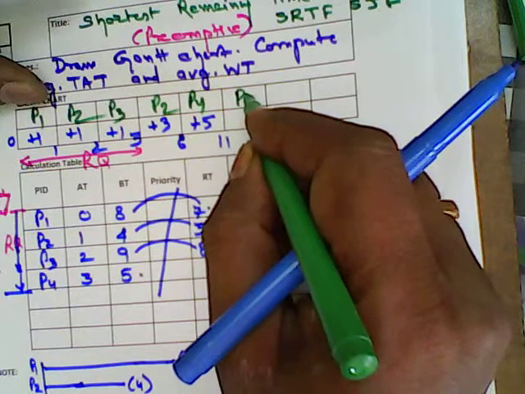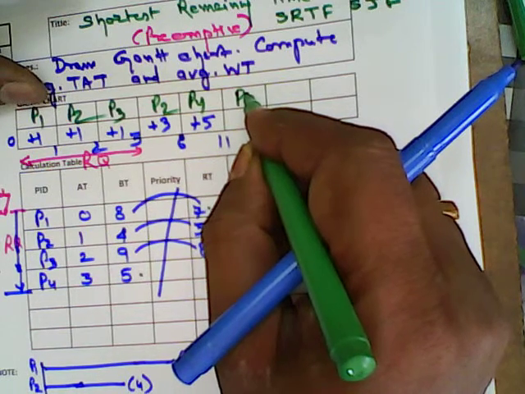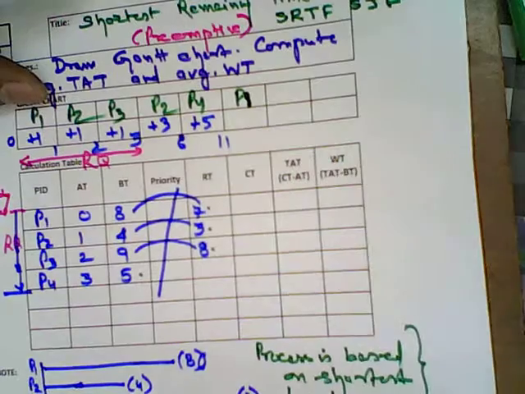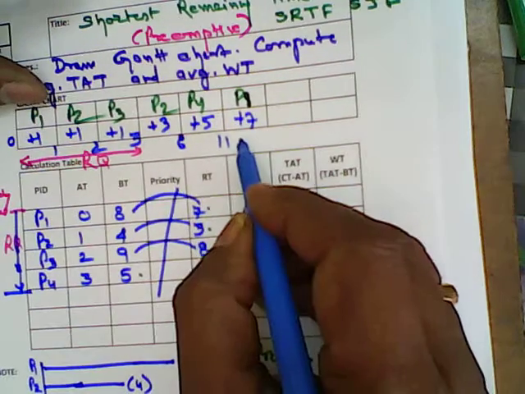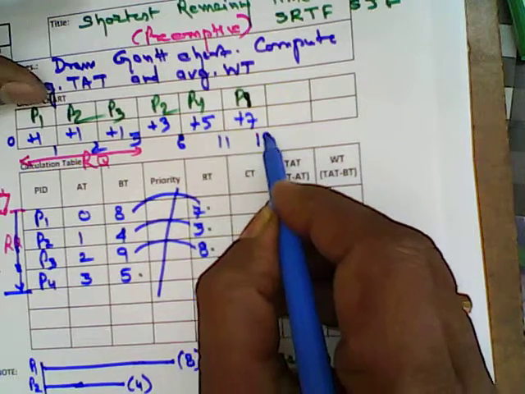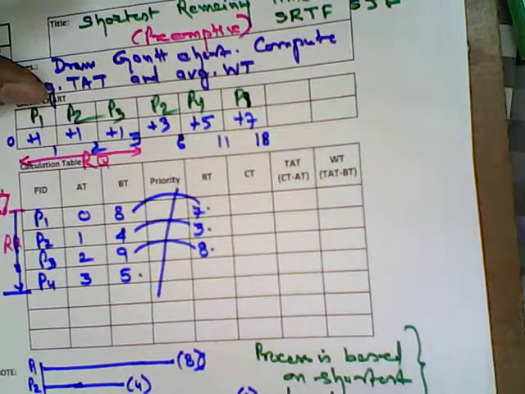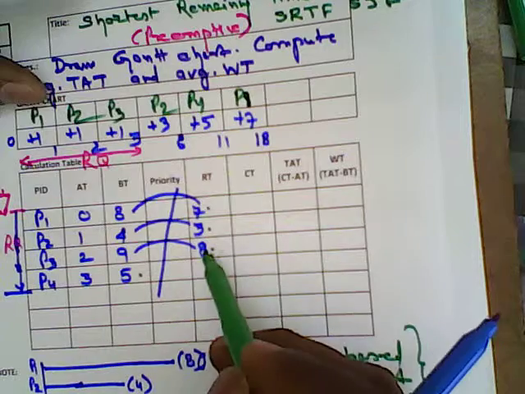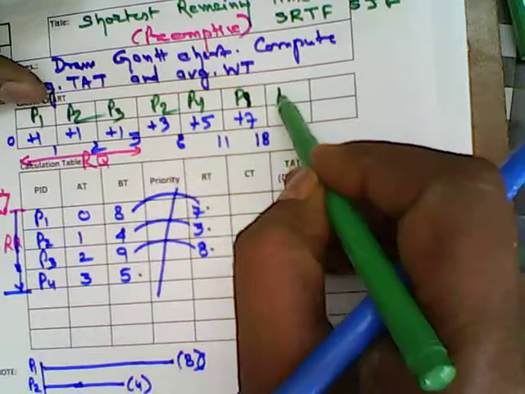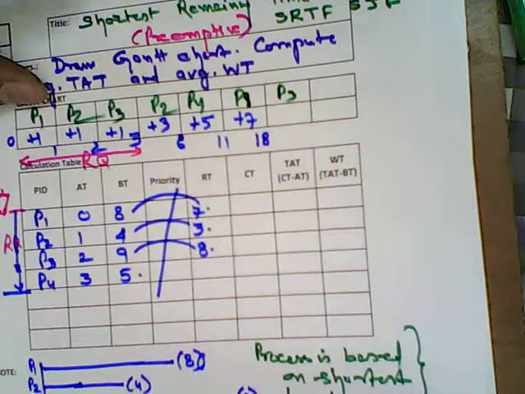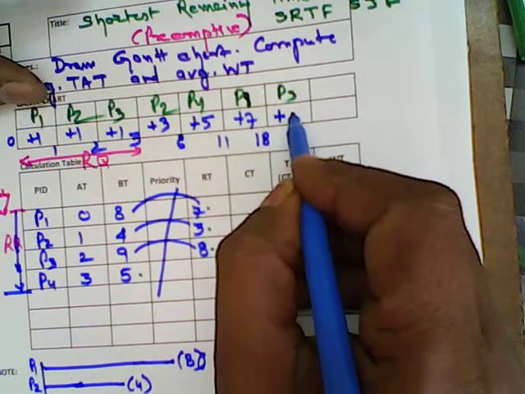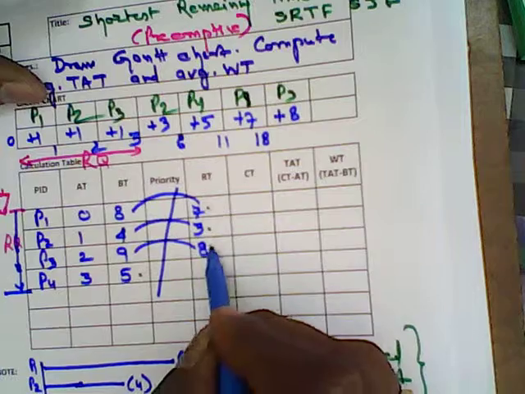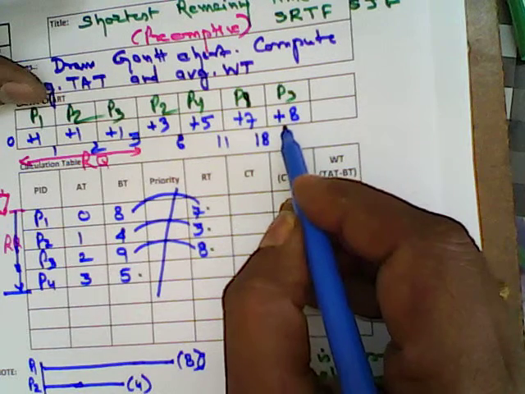You just see 7 is there. So it is going to add 7, which becomes 18. Now after P1, the last process is P3. So P3 is how much? It is going to be +8, so 18 plus 8 comes as 26.